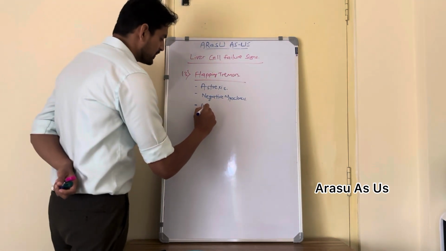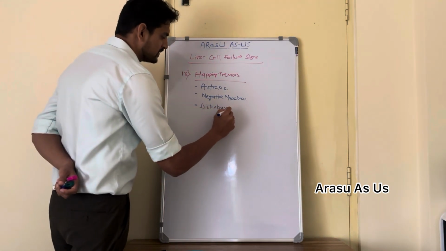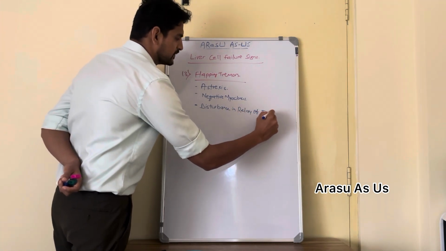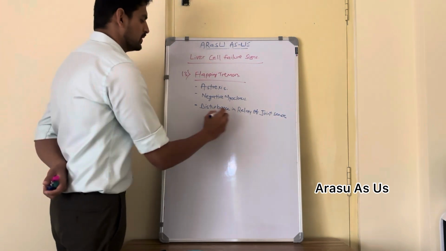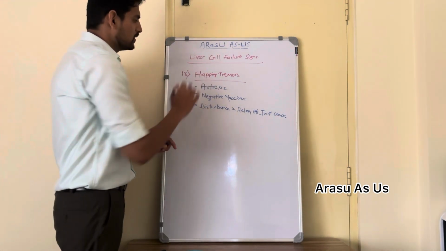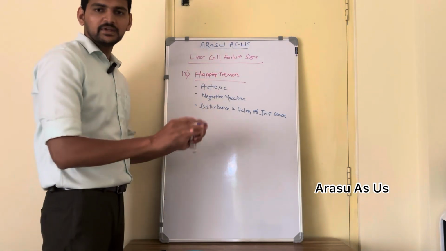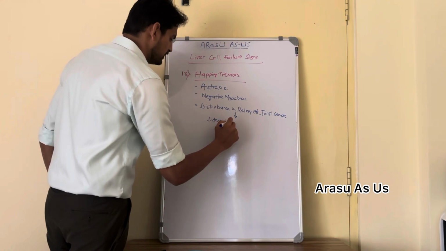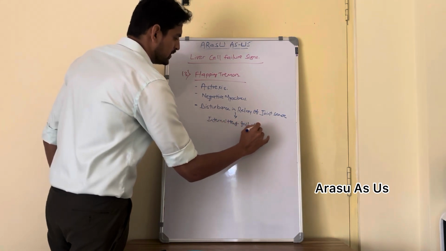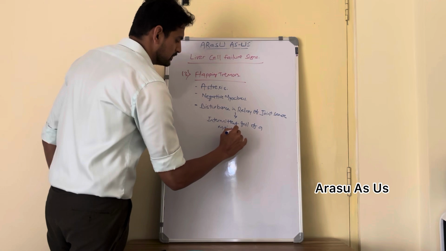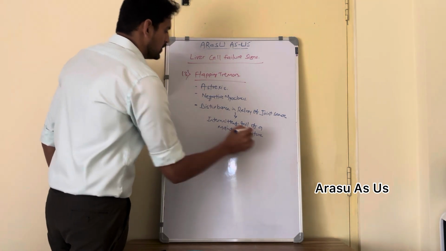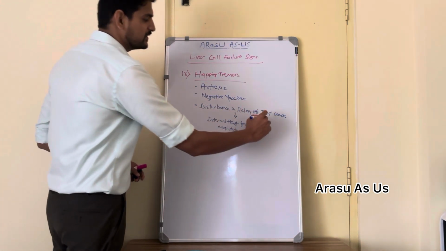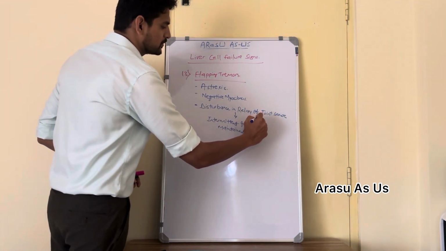So there will be disturbance in relay of joint sense, leading to intermittent fall of the maintained posture, which appears as a tremor. So this is the main mechanism: disturbance in relay of joint sense because of toxins.